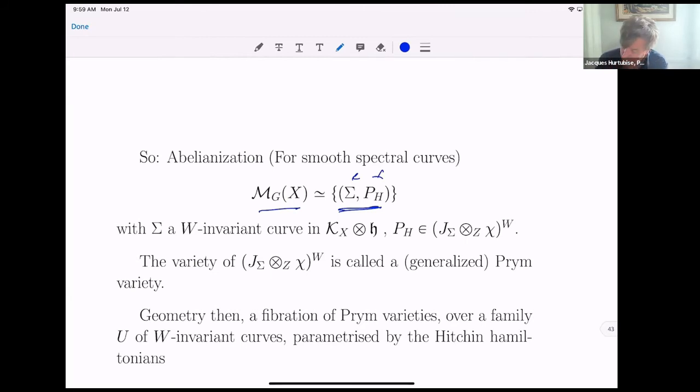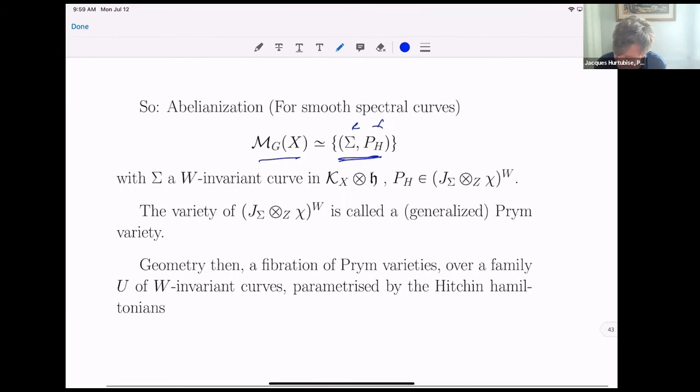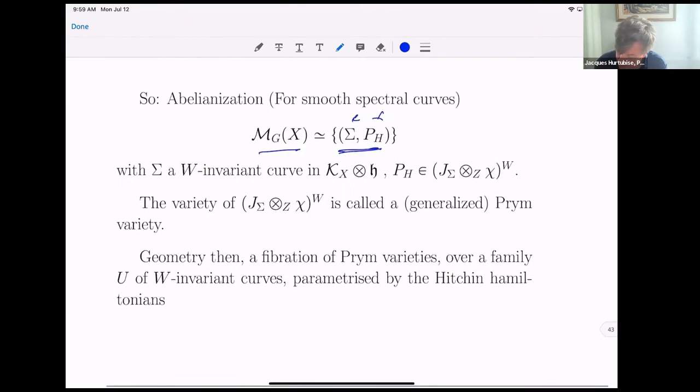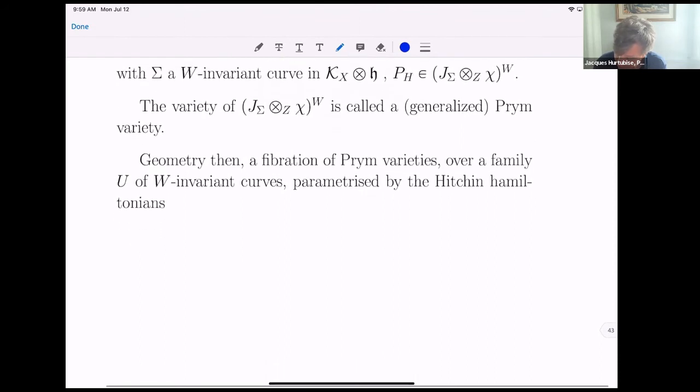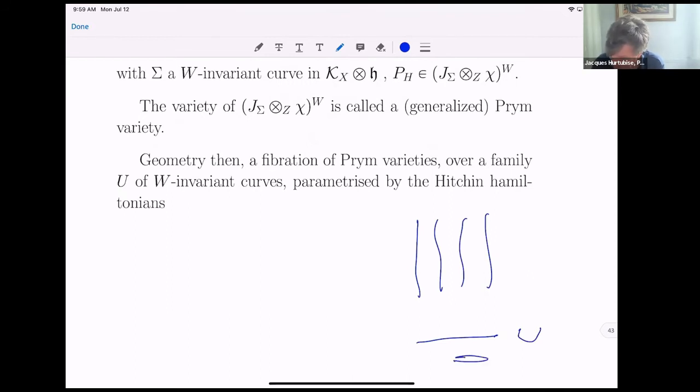And so then the geometric picture is that you've got a family of Prym varieties over a base, U, and everything is W invariant, right?